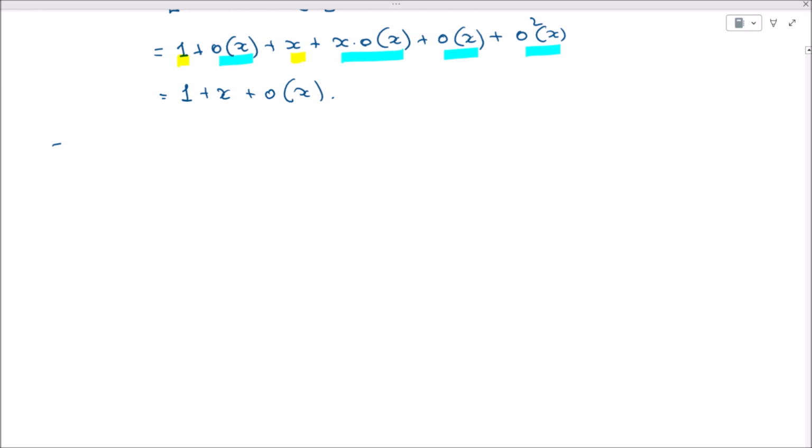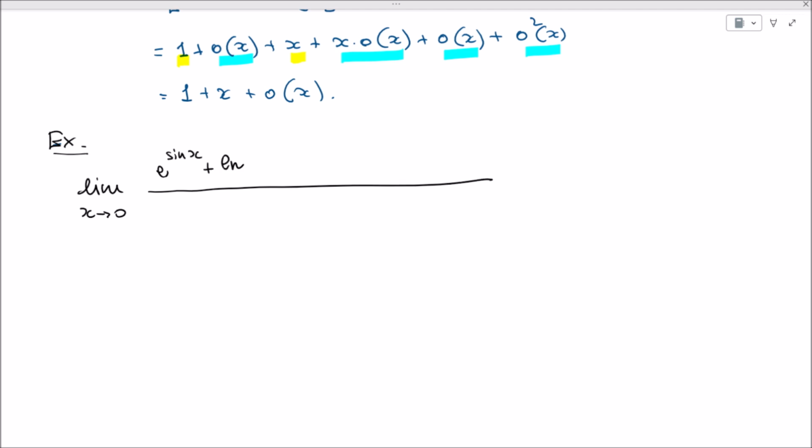Okay, so let me give this other example. Let's pick this limit as x tends to 0 of this fraction. We have e raised to the sine of x plus the logarithm of 1 plus arctangent of 2x, minus the cosine of 7x.